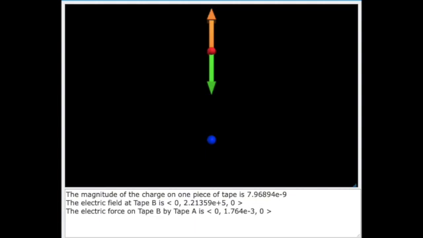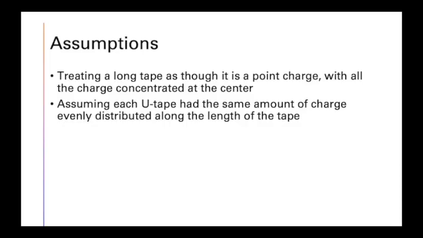I found the magnitude of the charge on one piece of tape to be equal to 7.96894 times 10 to the negative 9 coulombs. In order to make these calculations and the computational model, I had to treat the tape as if it was a point charge, with all of the charge concentrated at the center.